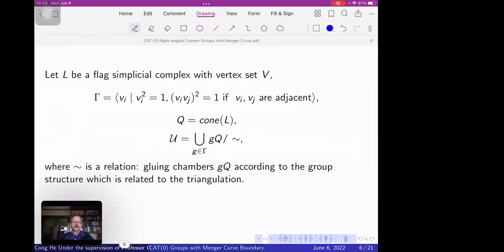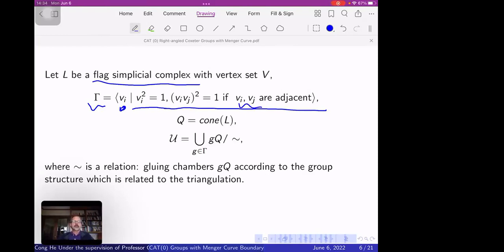We can build a Davis complex starting from a flag simplicial complex with vertex set. The group is defined by taking each vertex as a generator, with the relation Vi squared equals 1, and Vi, Vj commute when they are adjacent.